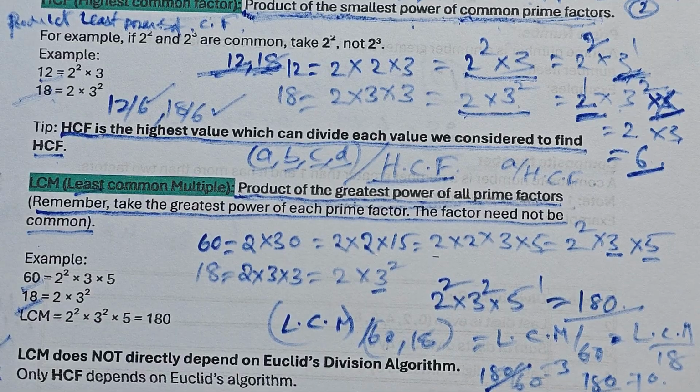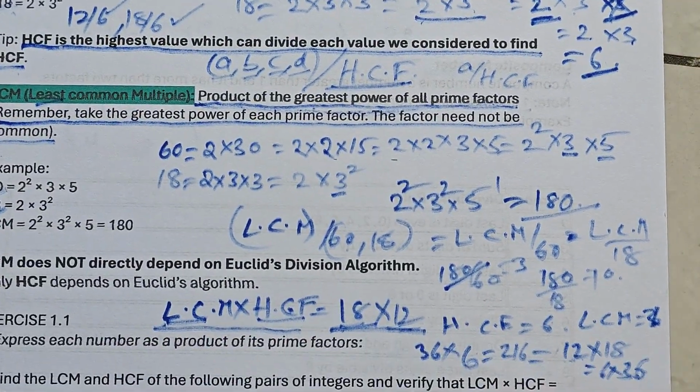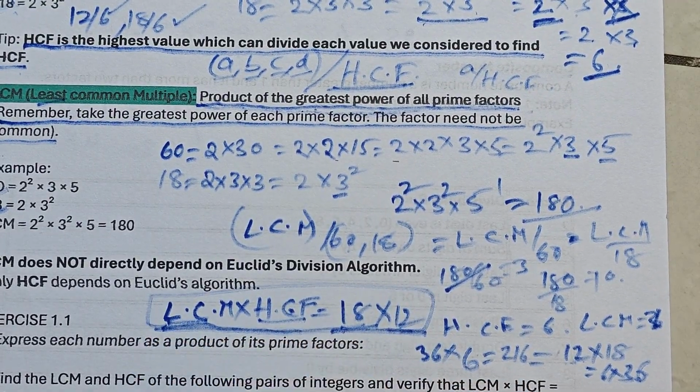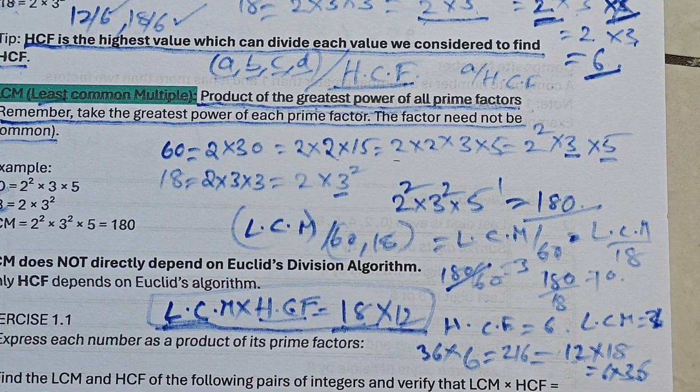And we already learned one more thing: LCM into HCF is equal to the product of the given numbers. In case of 3 numbers given, you need to find the LCM of 3 numbers, and in case of HCF, the HCF of 3 numbers. If they have given LCM and HCF of 3 numbers, you don't usually get 3 number systems like that.